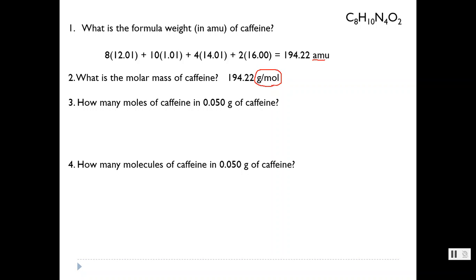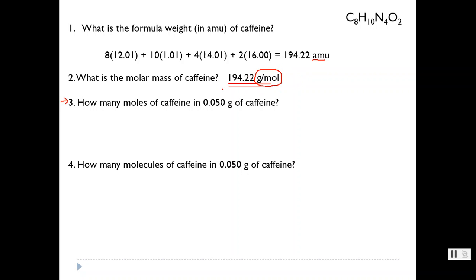So for every 1 mole of caffeine, I have 194.22 grams of caffeine. This molar mass is going to be very useful to us for the rest of these problems, because at least in number 3, we're going to use it to determine how many moles of caffeine we have. We can do that because we now have a conversion factor through the molar mass to go from grams of caffeine to moles of caffeine.